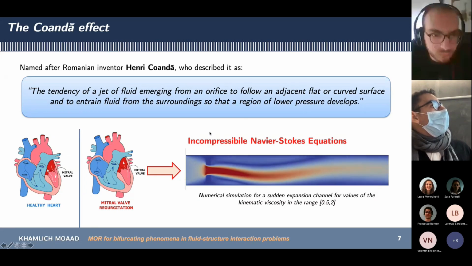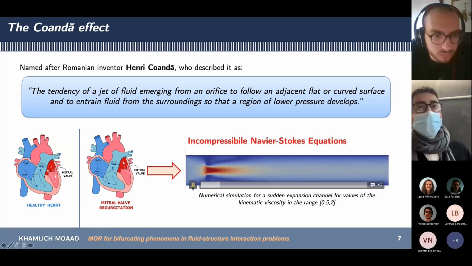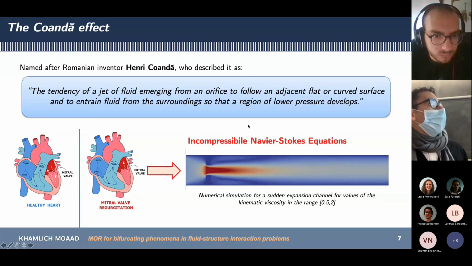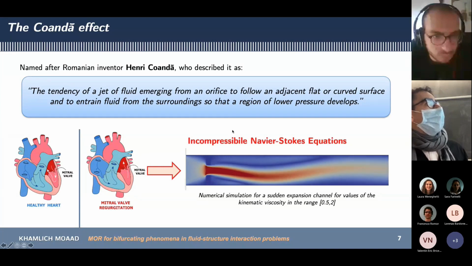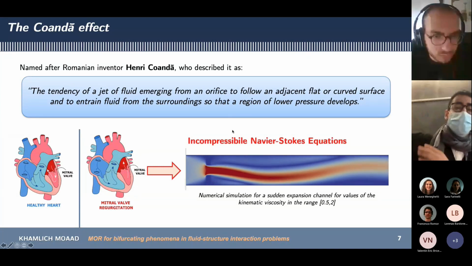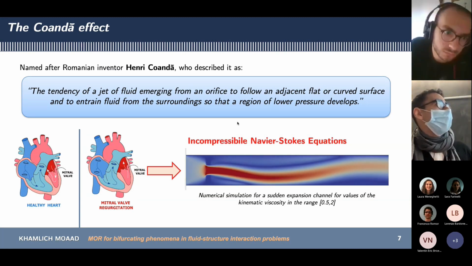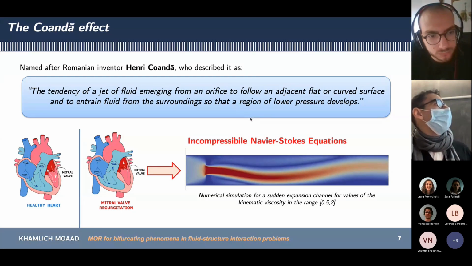This has been done for two main reasons. One is that this is basically a benchmark in the field for studying the instability due to the Coanda effect, so there's a lot of work that has been carried out. However, these works dealt just with the pure fluid dynamic approach, so there wasn't a modeling of what happens at the interface with the structure.